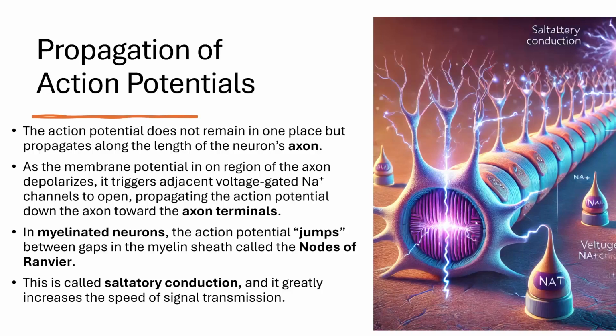This is the saltatory conduction, which greatly increases the speed of signal transmission. In myelinated neurons, the action potential jumps between the gaps in the myelin sheath, called the nodes of Ranvier, as we showed earlier.